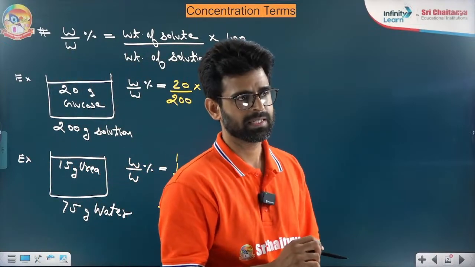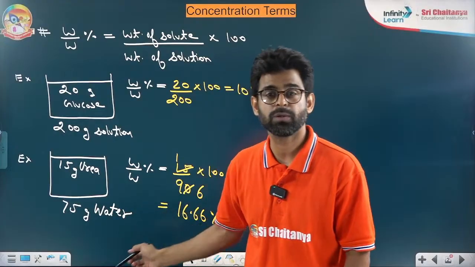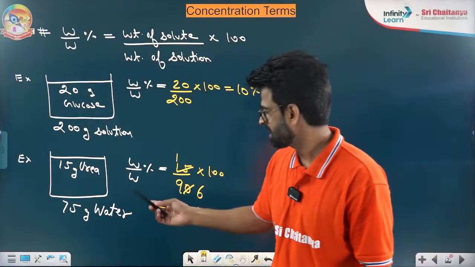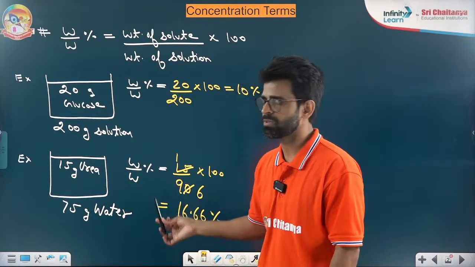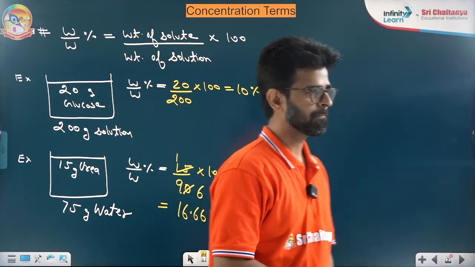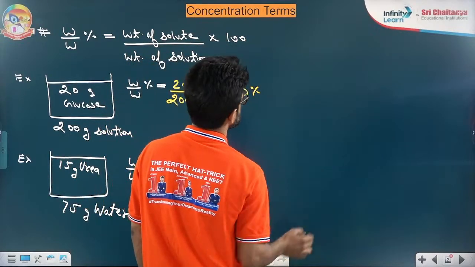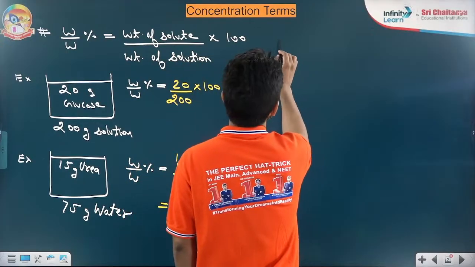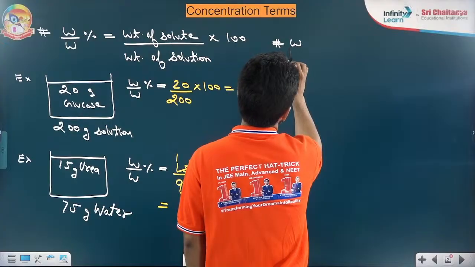Very good. The main thing here is you have to take the weight of solution, not solvent. So in this case, you have to find solution weight by adding solute and solvent, right? Good.